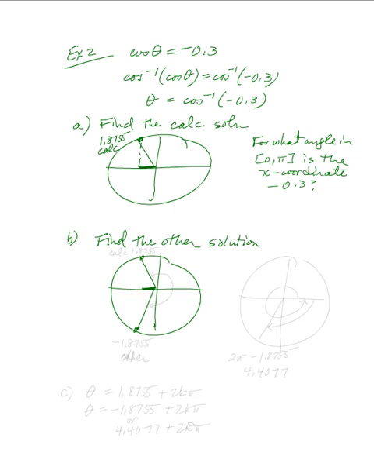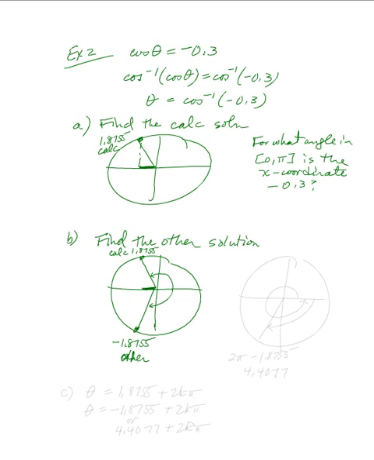So if the calculator gave me 1.8755 radians, and that was this rotation here, now I want to say, what is this rotation here? And that's basically just negative 1.8755. That's the other solution. Sorry, the other solution is negative 1.8755.